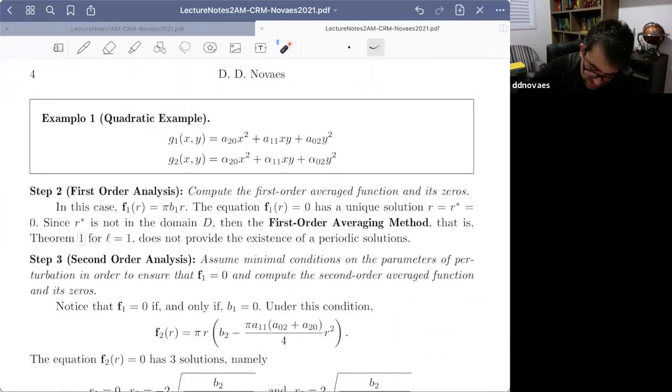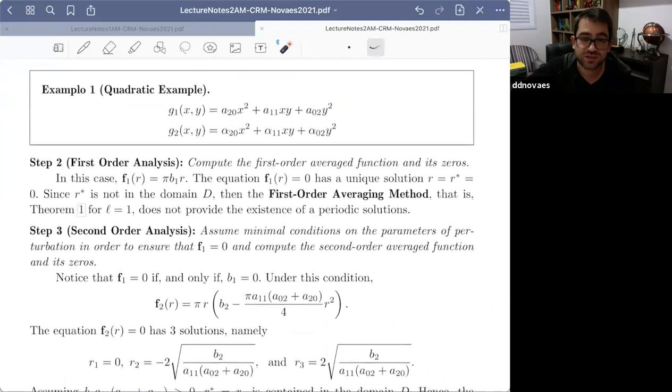The idea here is to assume the minimal hypothesis. Of course I could just take the first order perturbation equal to 0, however, this is not interesting. I want to keep as many parameters as I can. So I have to assume the minimal conditions on the first order perturbations in order that the first order average function vanishes.